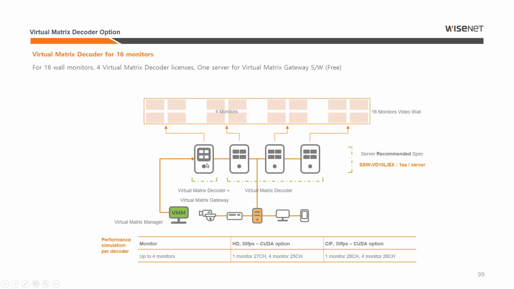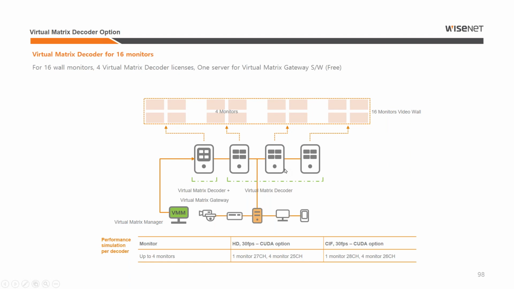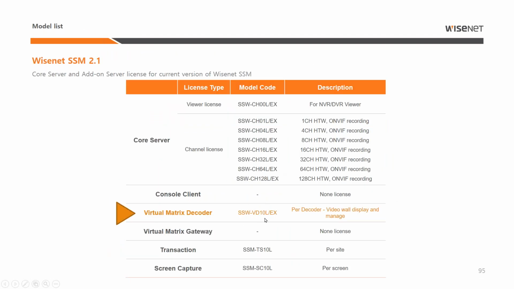For example, if I have 48 monitors, how many PCs are used? Each PC maximum 4 monitors, so there are 12 PCs available, and the supervisor says I want to control these 12 PCs. So these 12 PCs will have the video wall application, and I have to license it on these 12 PCs. That model number is called VD10L, video decoder license.